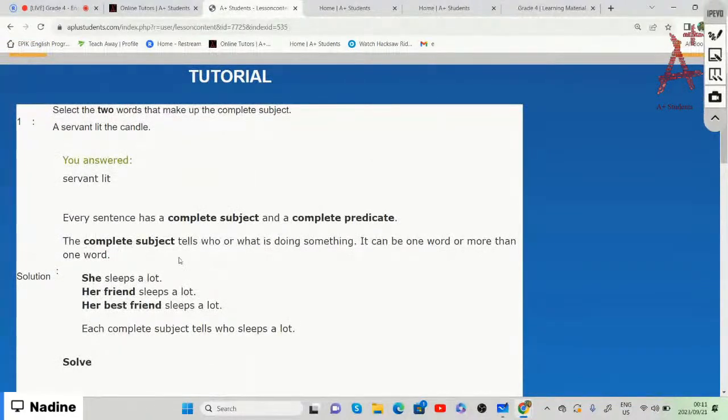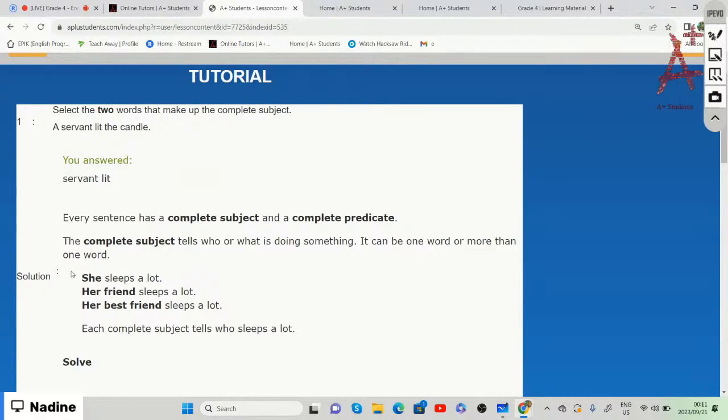So every sentence has a complete subject and it has a complete predicate. And remember, I said that within a sentence, once there is a subject as well as a predicate, which is a verb, then that forms a complete sentence.